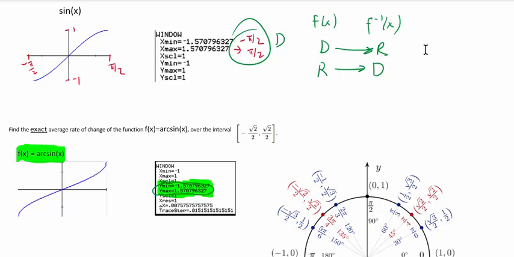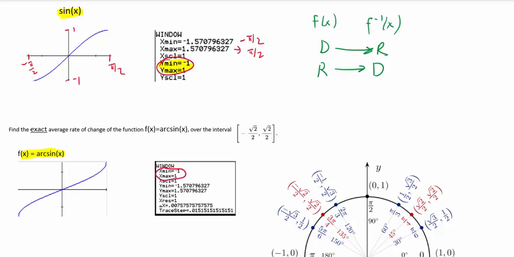Again, because the domain of sine becomes the range of inverse sine. Also notice that the range of the sine function was negative 1 to 1, and on the arcsine, I have a window that has a domain of negative 1 to 1. So the range of sine x corresponds to the domain of inverse sine x.